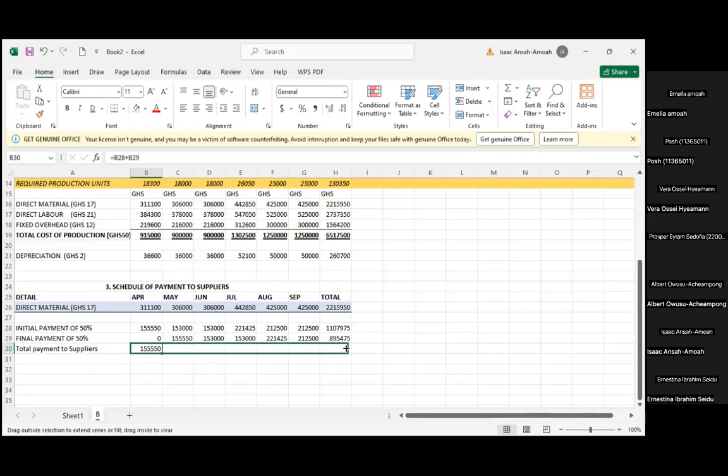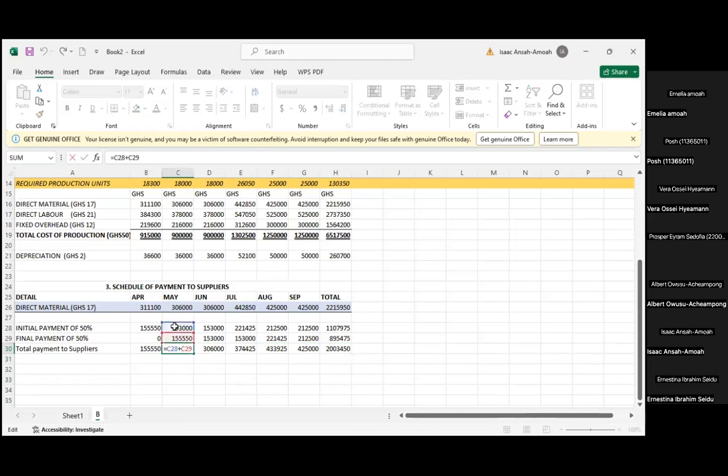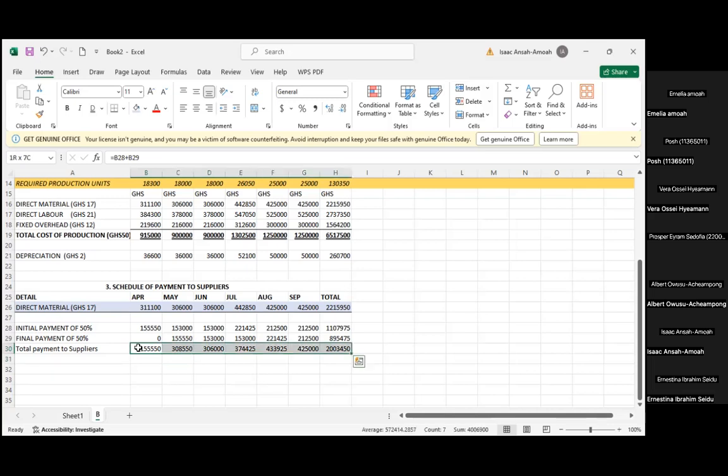Okay. So that's what I have generated here. Right. So if you come here, we are adding this to this to get the 36,000. If we get here, we are adding this and that to get the 6,000 in that order. Okay. This is very relevant because you're going to use it in our cash budget. So let me embolden it, underline it.